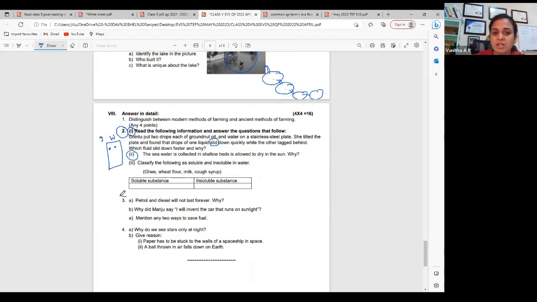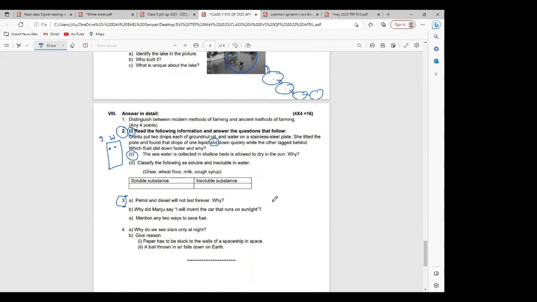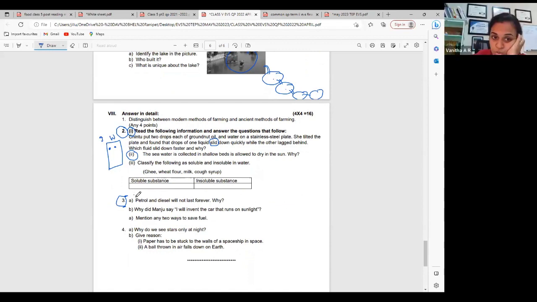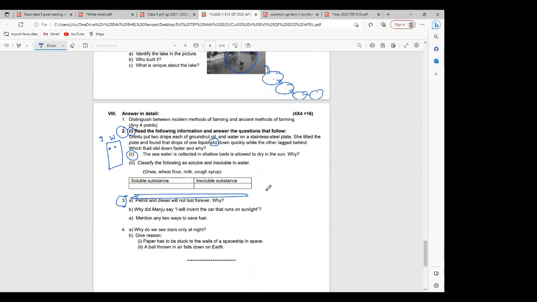Here, if we see this third question, petrol and diesel will not last forever. Why? The same question, this year it was asked in a different way. We should use petrol and diesel judiciously. Yes, because it is a non-renewable resource.